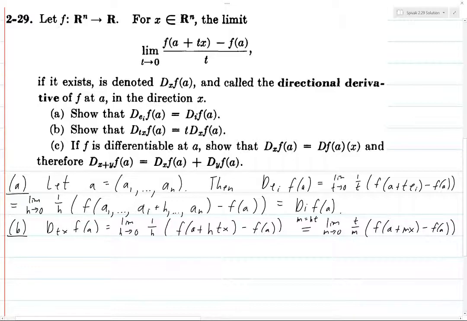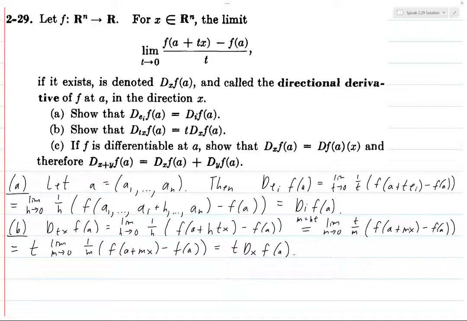And so now we can bring this t out front, and then we're multiplying by the limit as m goes to 0, 1 over m times f of a plus mx minus f of a. But look, this limit is just dx f at a. And that's what we wanted to prove. And so we're done.